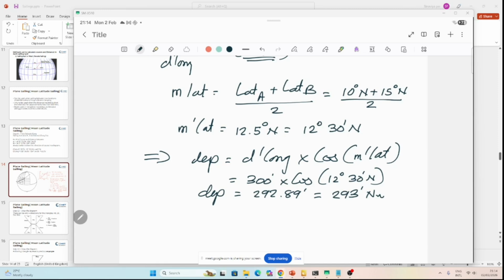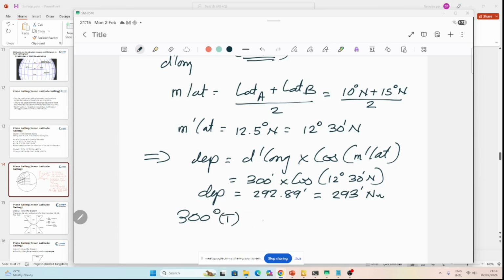But for the time being, just remember, if it is a 3-digit course, let's say you have to write 300 degrees, don't write it like 300 decimal 1. Always 3-digit courses we write in full numbers. 300 degrees true.